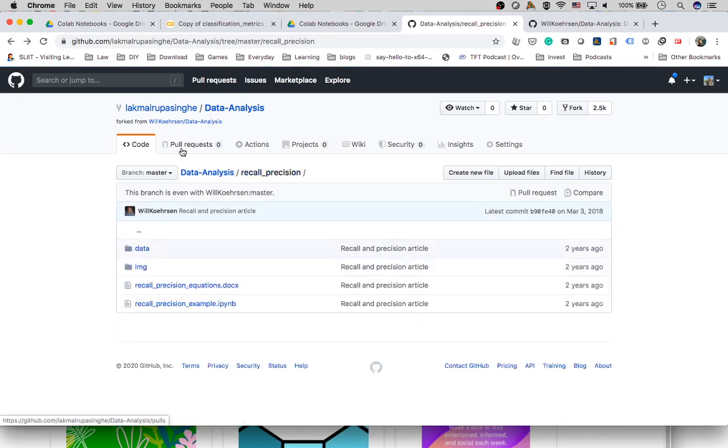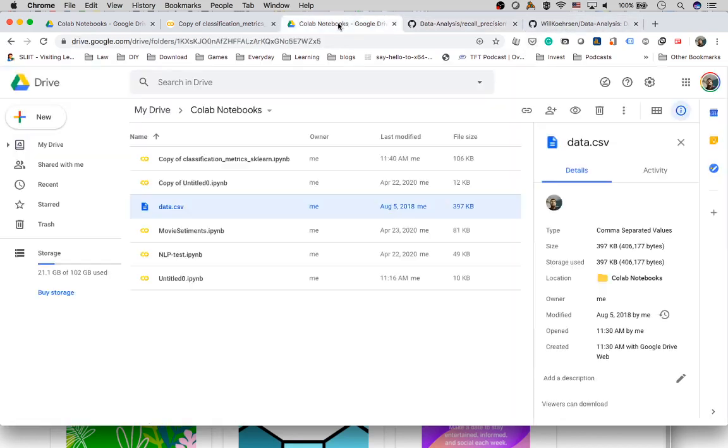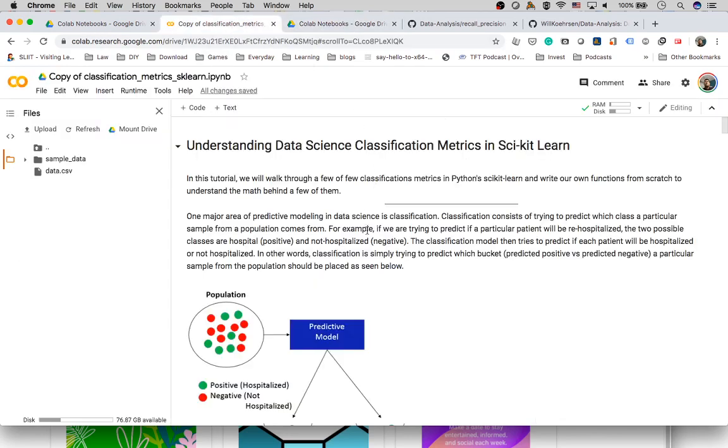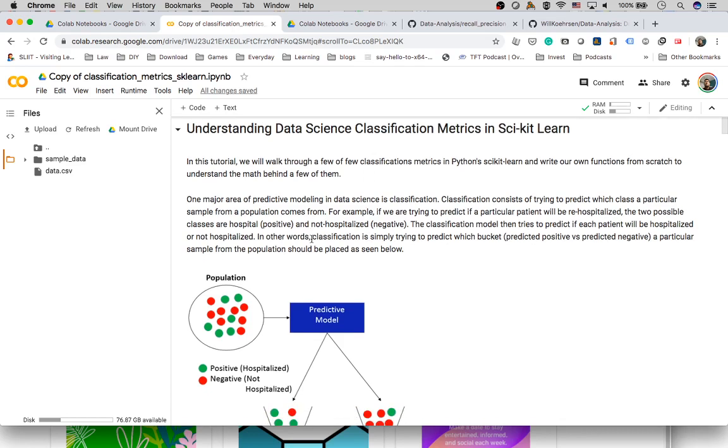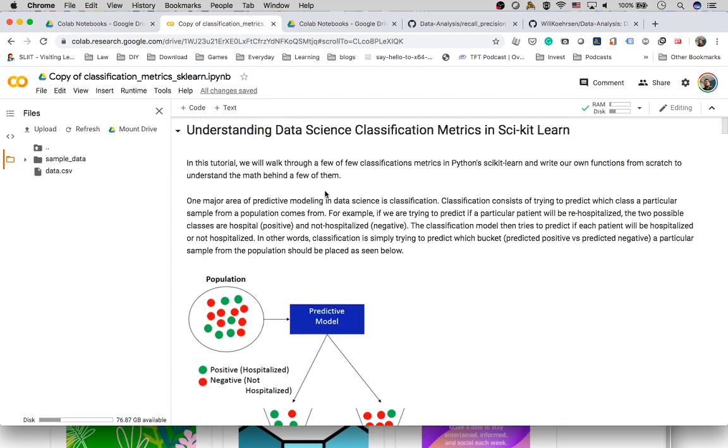You can get this notebook downloaded, and then what I did was I added this to my Google Drive with the data set. Then I opened it through Google Colabs. So make sure your data file is also loaded here. Then you can try out this experiment.